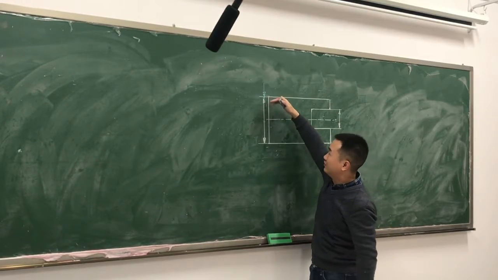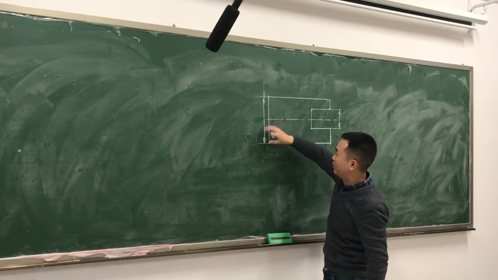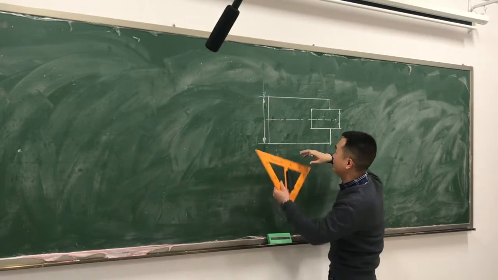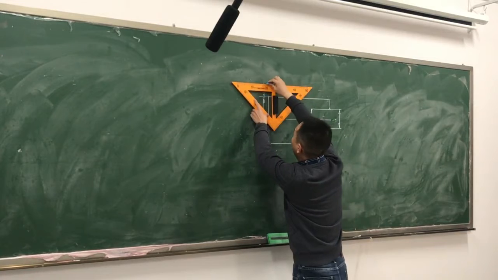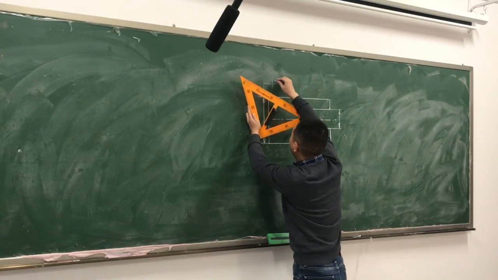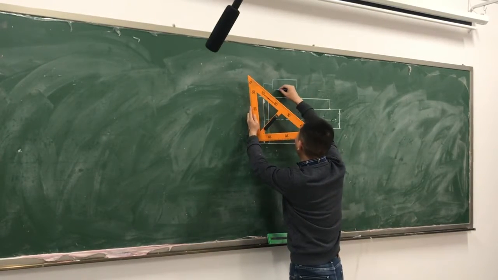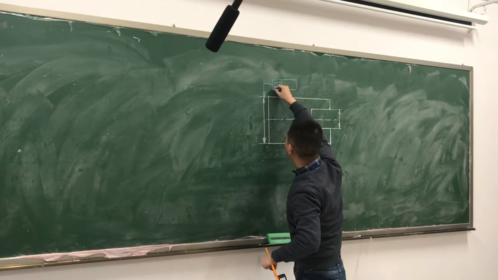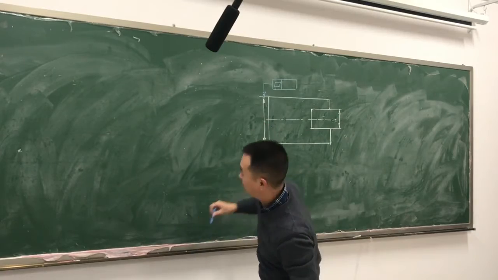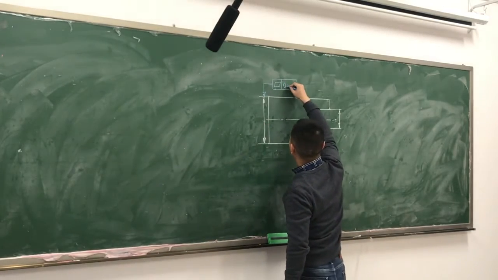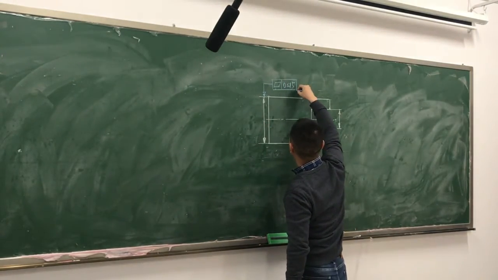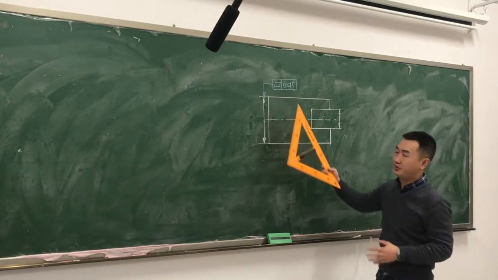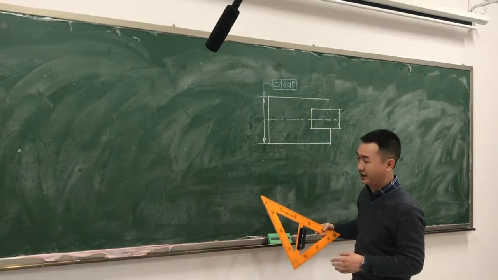Then we use this dimension to express that this is the median plane, and then we can write down the tolerance frame. It's for flatness, so this is the symbol, and we put the value here. The tolerance zone is the space between two parallel planes.